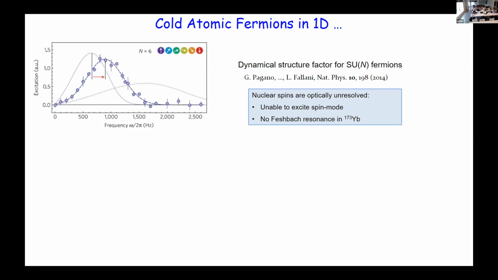But in their system, they were unable to resolve the spins because they're just nuclear spins. There's no Feshbach resonance in the atom they used. This is in Florence in 2014. But it was one of the first experiments to use Bragg spectroscopy with fermions in one dimension. And they were able to make a very clean measurement of the structure factor.